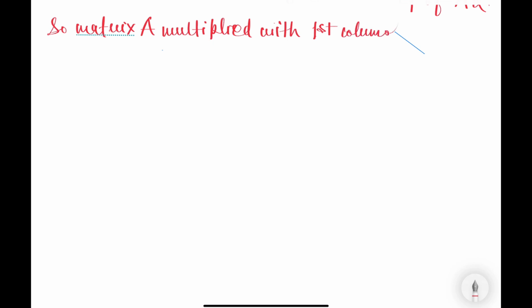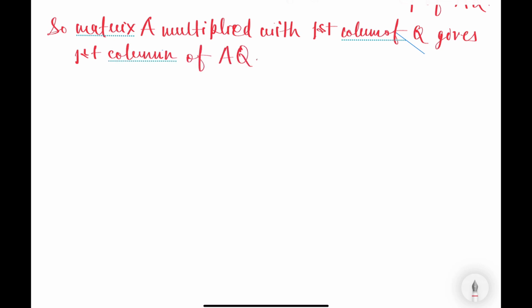So matrix A multiplied with the first column of Q gives the first column of AQ.